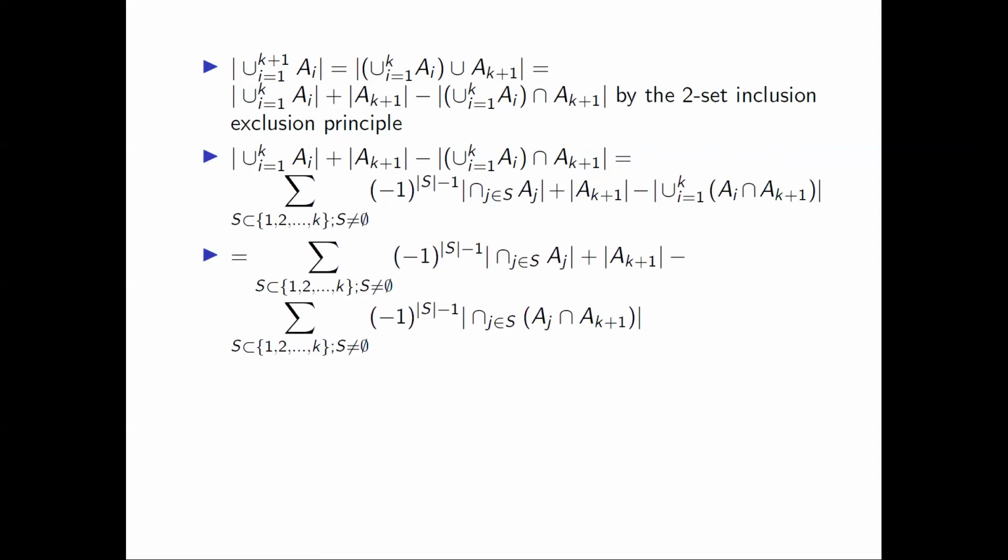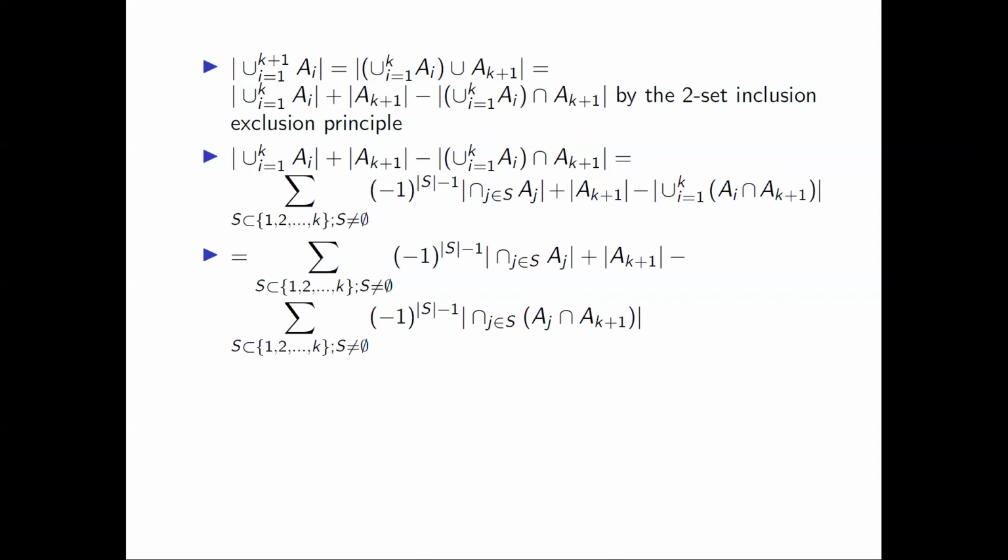Now, we can take the right side of that last equation and do another step. So we do not change the sum on the left. We do not change the cardinality of A of k plus 1 term. What we do change is the last term. And there we use our inductive hypothesis again, because again we have k finite sets that we're taking the union of.